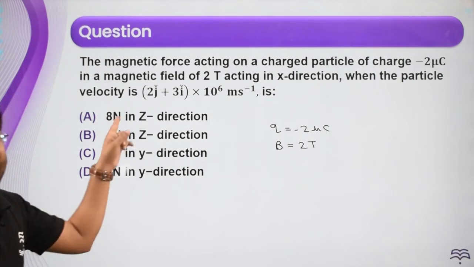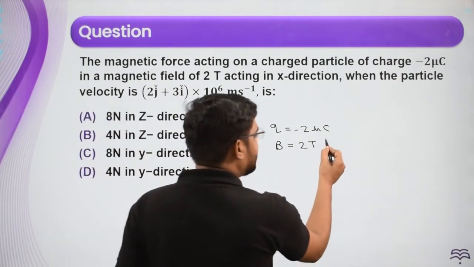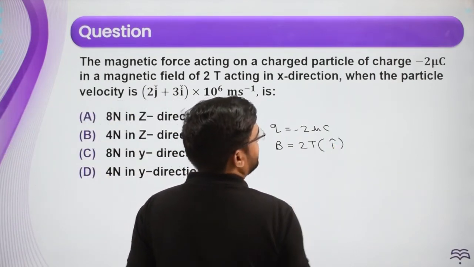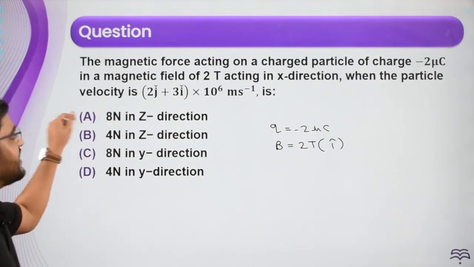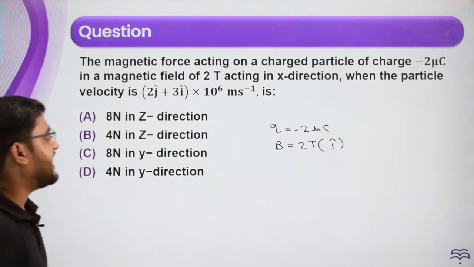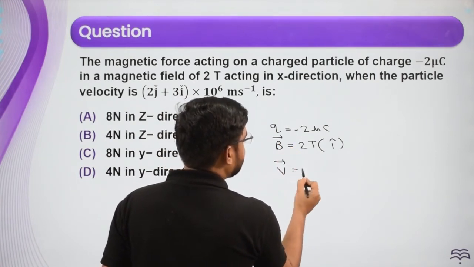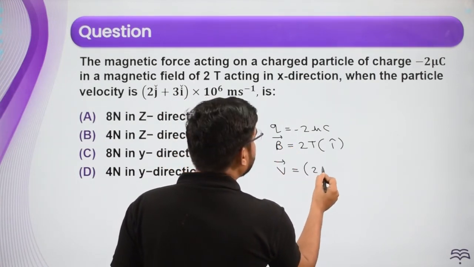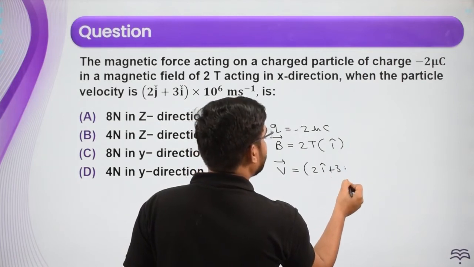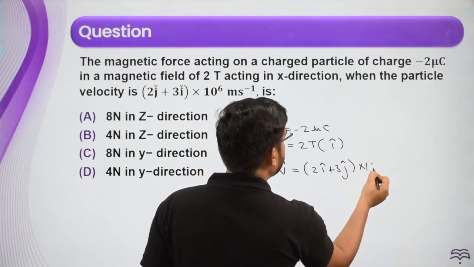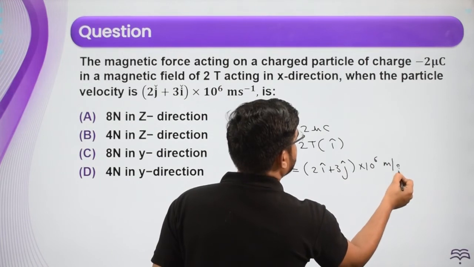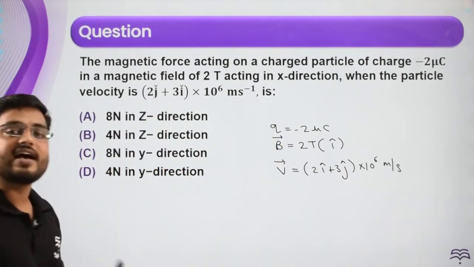Now, acting in the X direction, so the direction is i cap, when the particle velocity is, so velocity of the particle is nothing but (2i + 3j) times 10 raised to power 6 meter per second. That's the velocity, and now they are asking us the force.